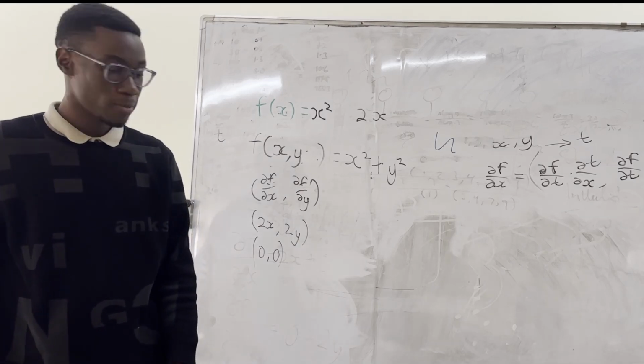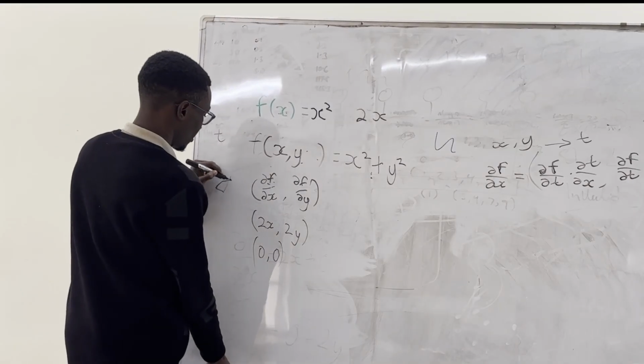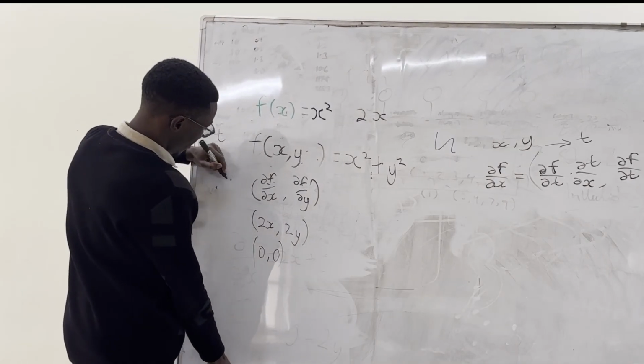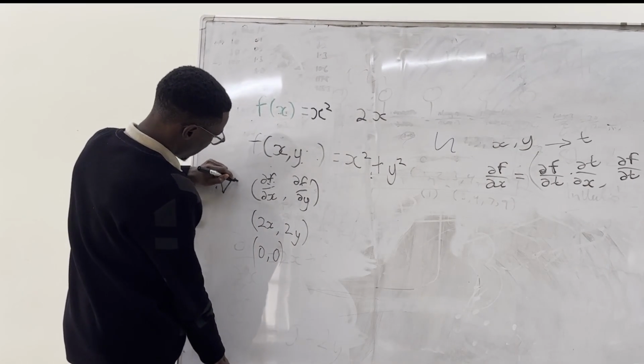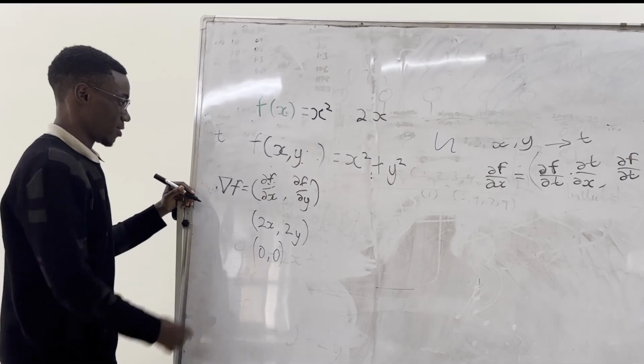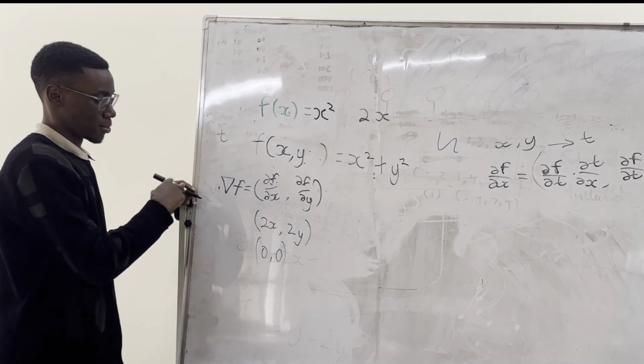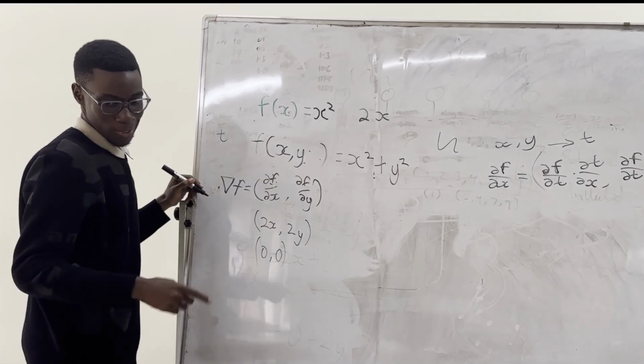So gradient normally is denoted by an inverted triangle, delta f, taking f as the function of x and y.